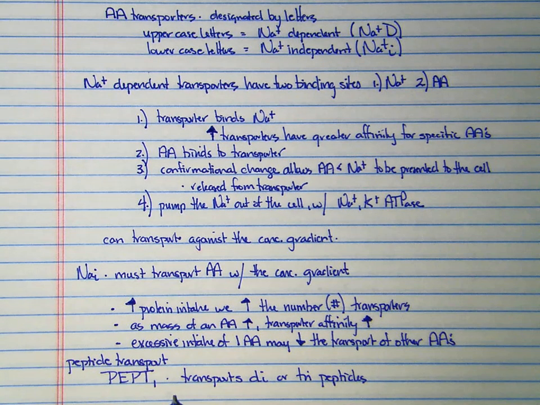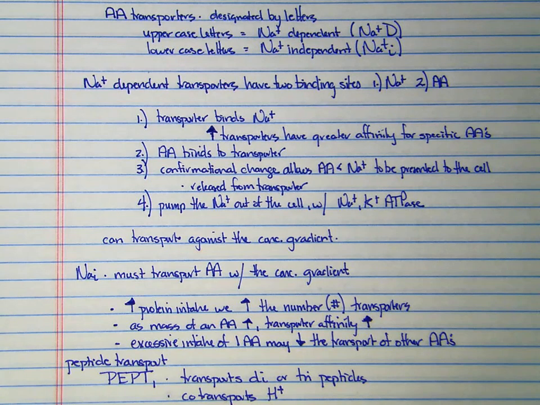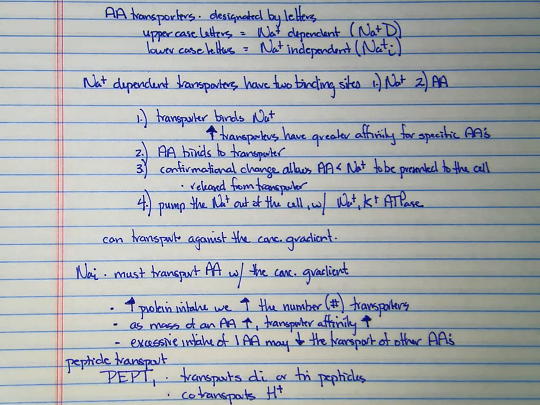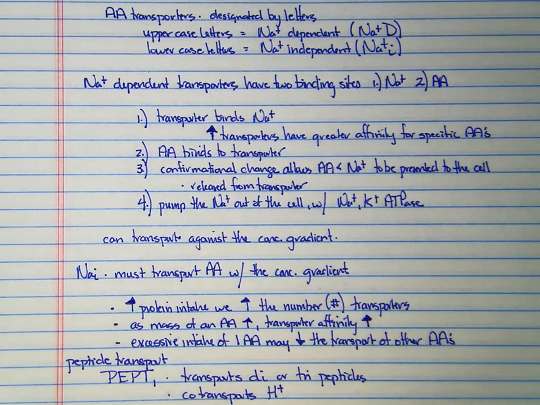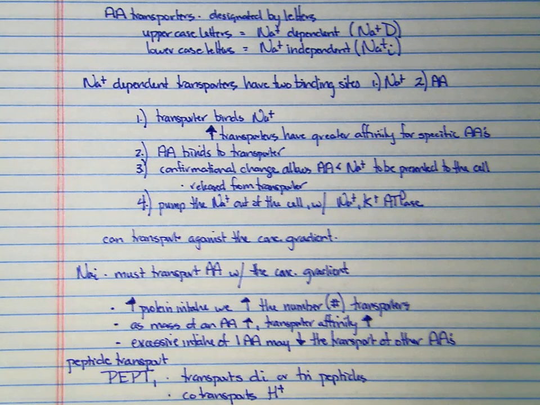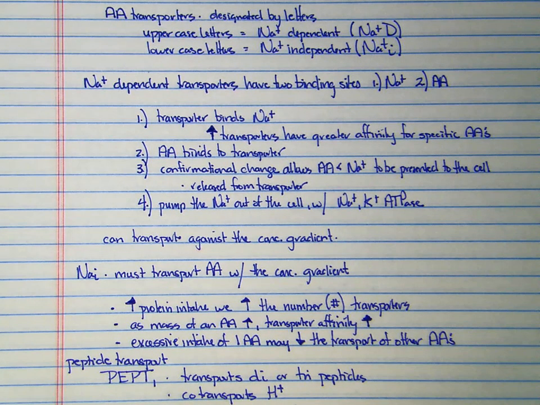Okay. When it does that, it co-transports, and we'll draw this picture in a second, co-transports a proton. And just like with amino acids, peptides compete with each other for rides.